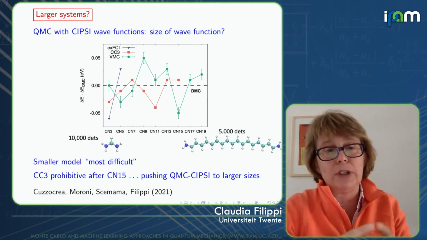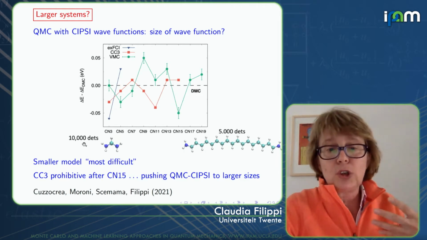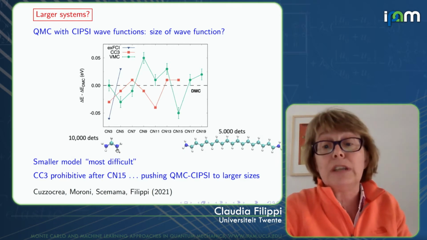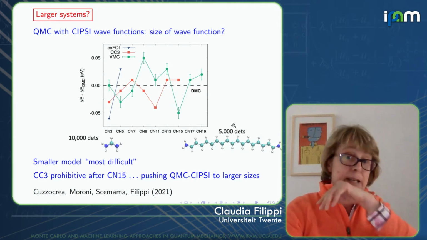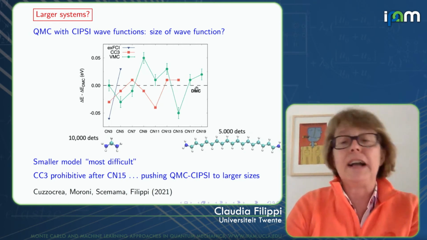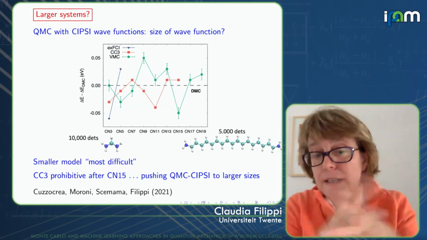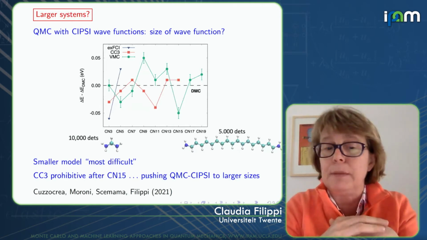It doesn't mean that we need fewer determinants to get the individual states, but for the excitations, we found that the small system is more difficult than the large system. We go from 10,000 to 5,000. And as I said, we are finally getting into some region where CC3 starts to become costly and for many people prohibitive.